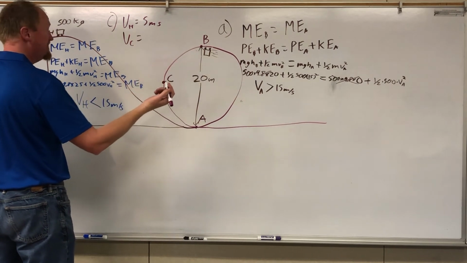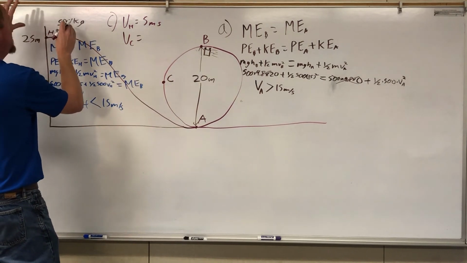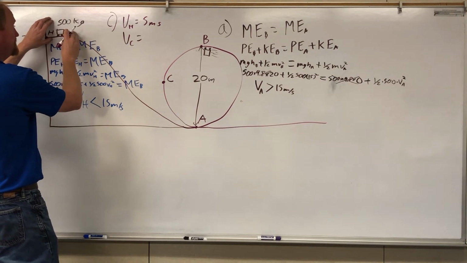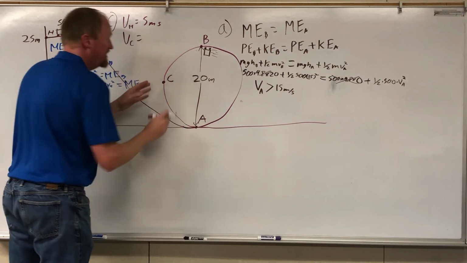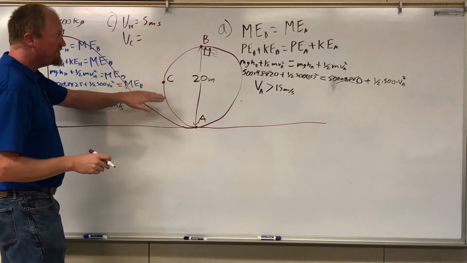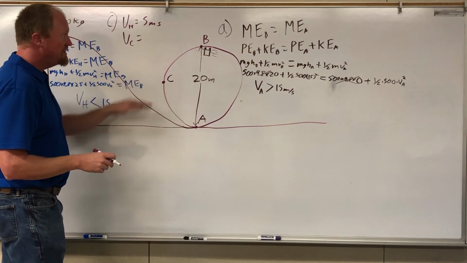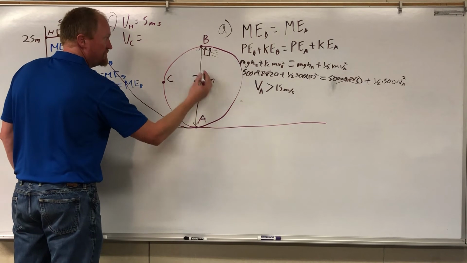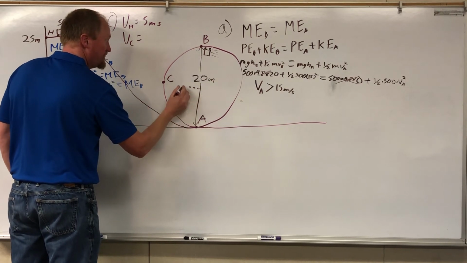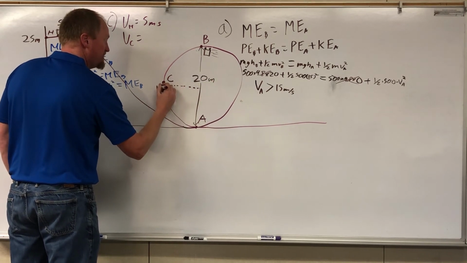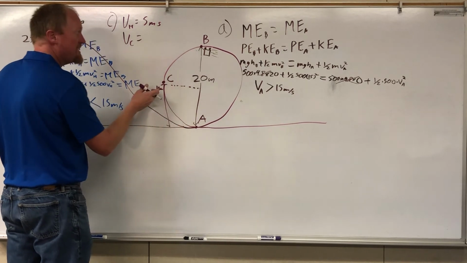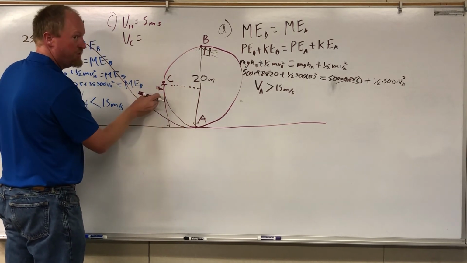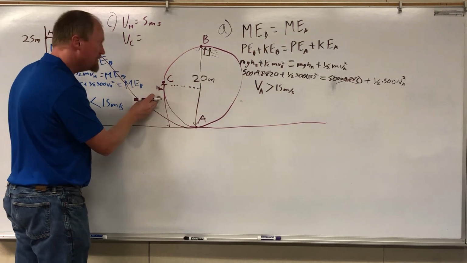Well, it's the same thing. The mechanical energy at H is going to be the same as the mechanical energy at C. Now, you might have a little trouble figuring out the potential energy at C, but this is 20, so if you're halfway up, this should be 10 meters up. You have the mass, and you're assuming you're on Earth.